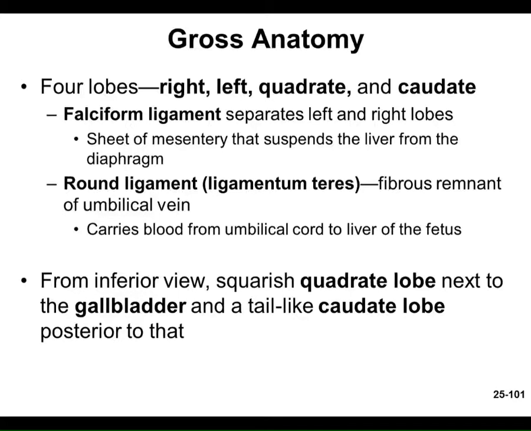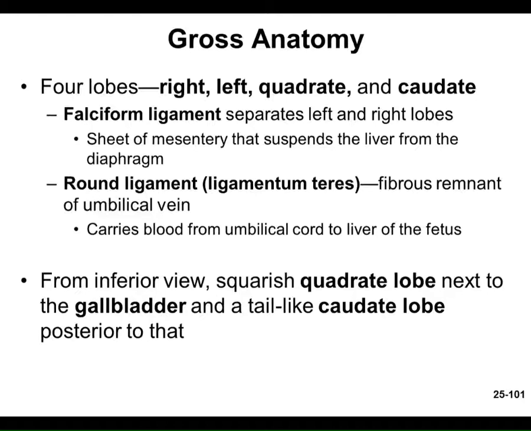It binds up to the bottom of the diaphragm. Then there's also an umbilical ligament. This is actually a leftover from the umbilical vein, and we'll see that that umbilical vein is carrying blood from the umbilical cord to the liver of the fetus, no longer needed after birth.